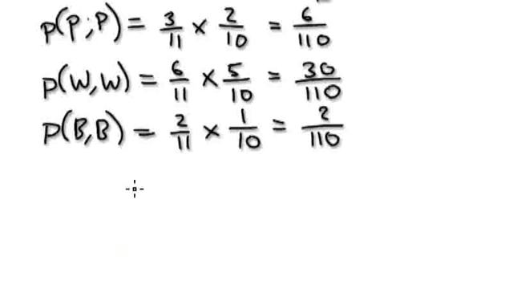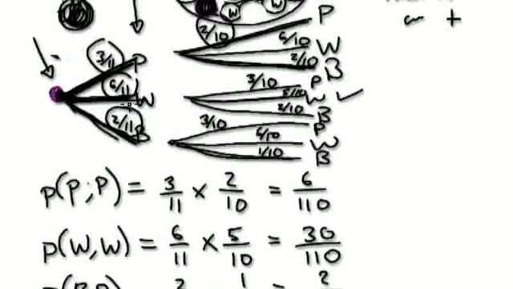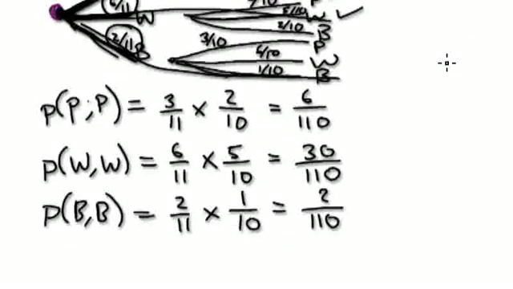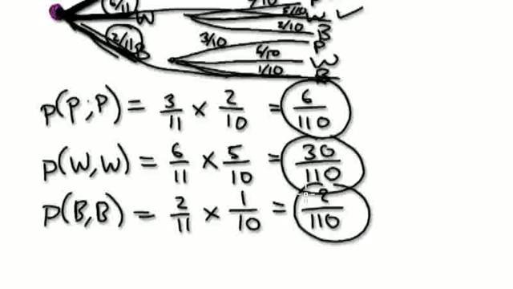Now, the probability of the same is this route or WW or BB. Okay. Now, if it's an or, we need to add. So we basically need to add this, and this.